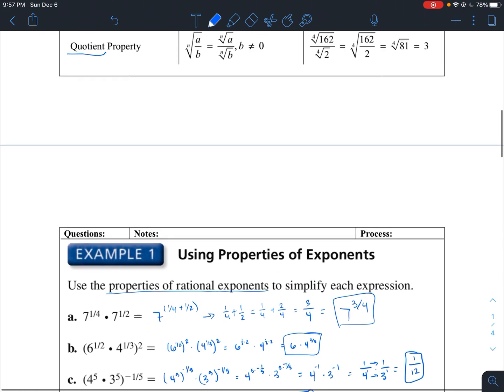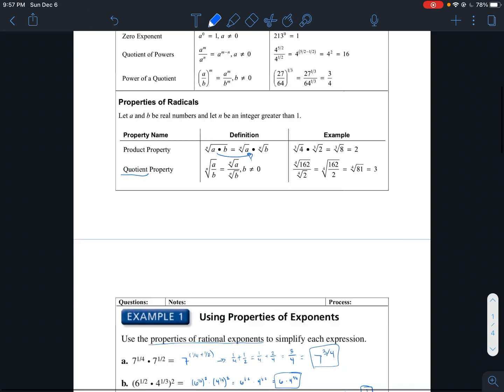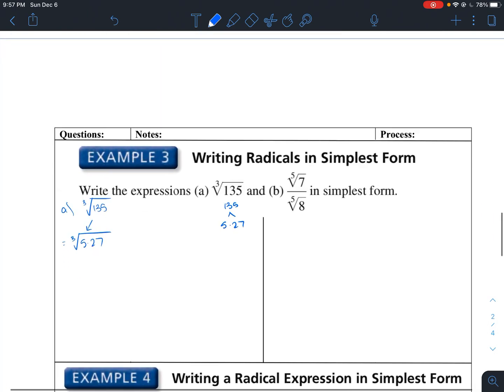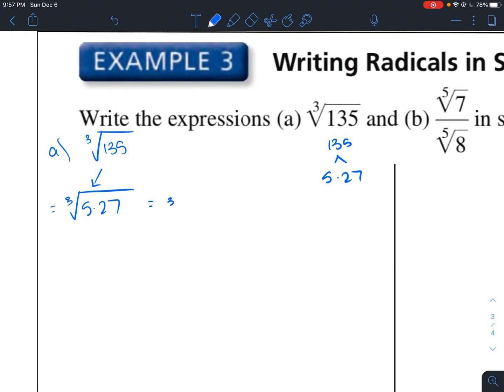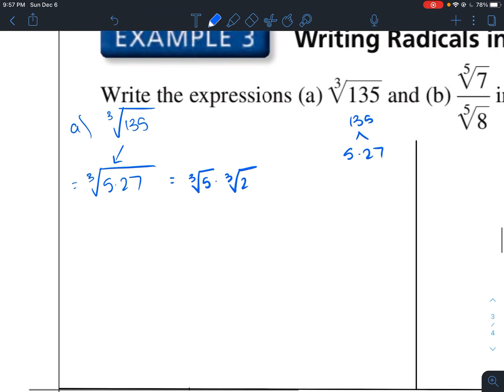Now, this is good because I can break it up to be the 3rd root of 5 times the 3rd root of 27.